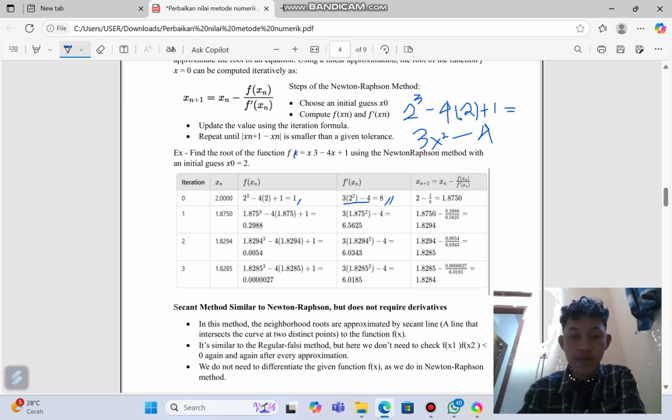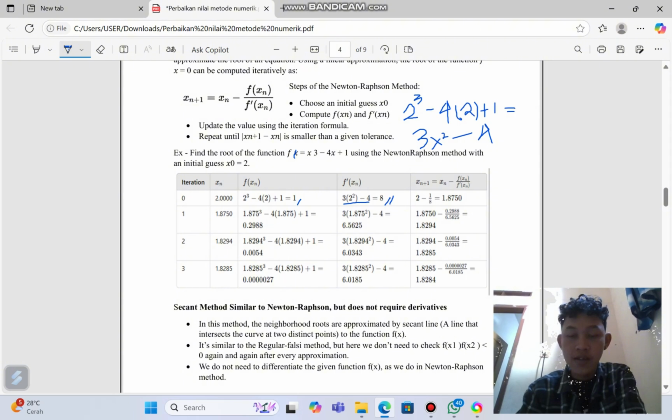We know x_{n+1} equal to x_n minus f(x_n) divided by f'(x_n). So x_n we know is 2 minus f(x_n) we have 1, divided by 8.